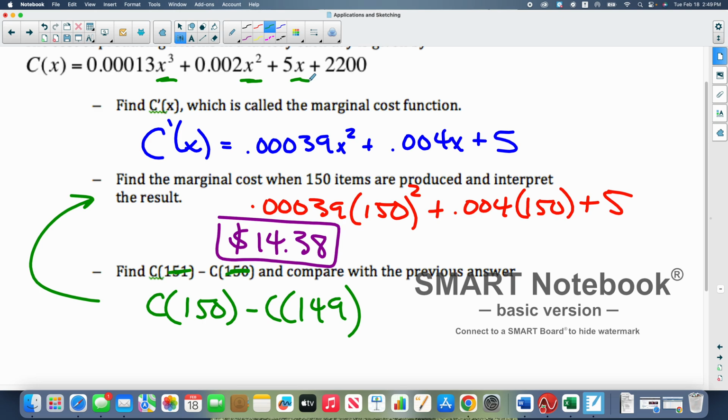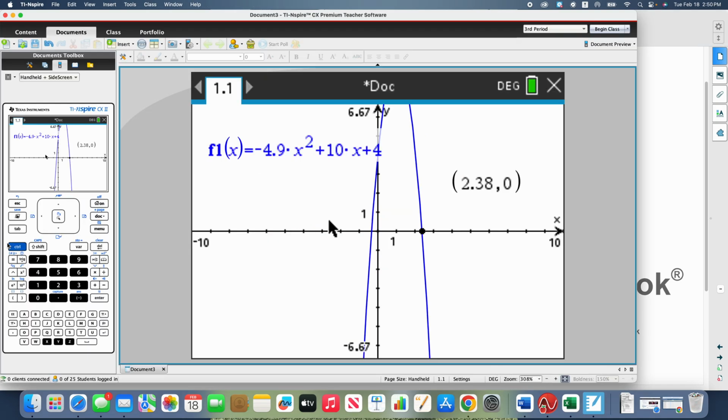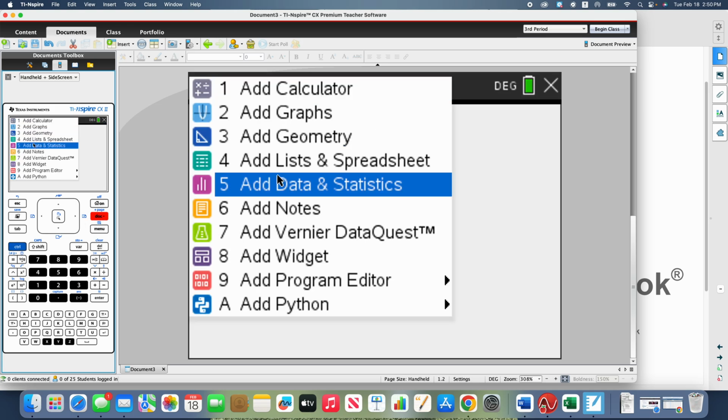So I'm going to do that in my calculator. And then I'm going to take a 149 and do the same thing. Okay? And so if I were to go over here, I'm going to go to just my normal calculator.